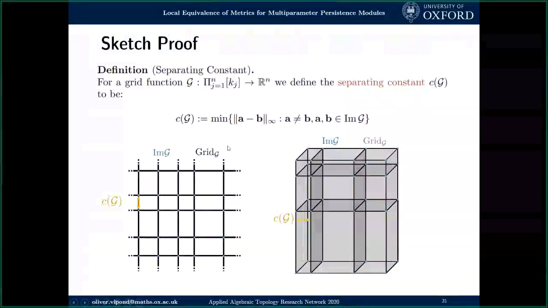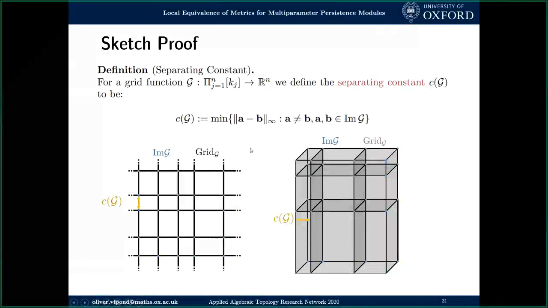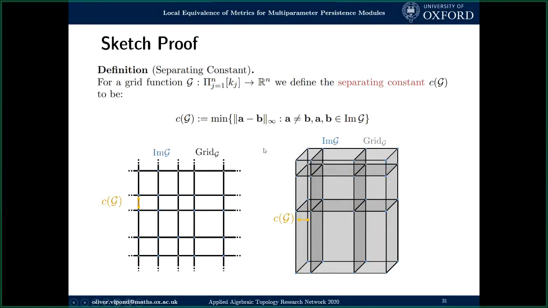So my result was a local result, and I gave you this little constant associated to my module, which I denoted C sub n. The way I generate this constant is by considering the grid and looking at the minimal separation between the coordinates of the Betti numbers in this grid.